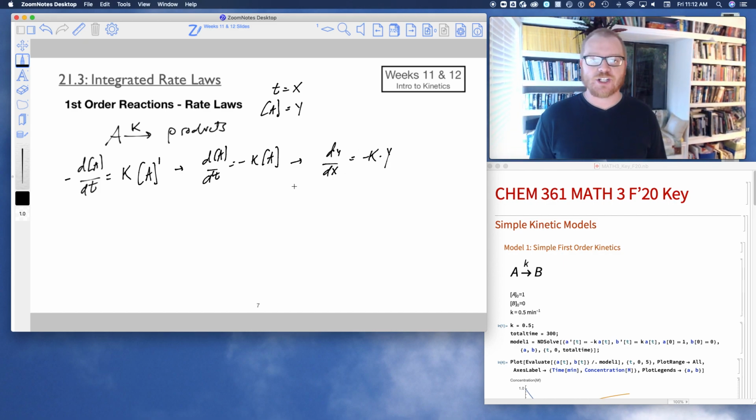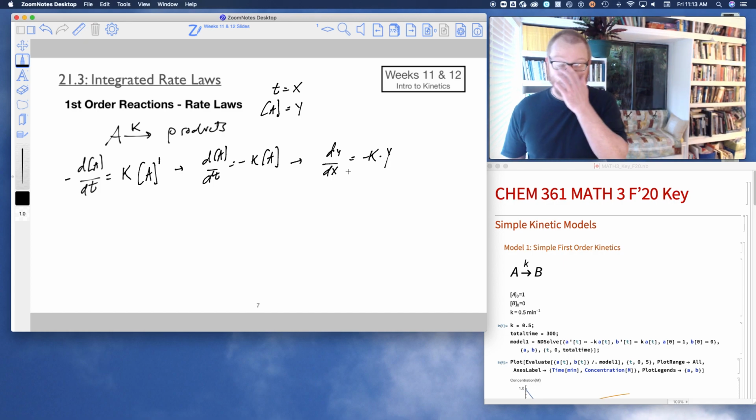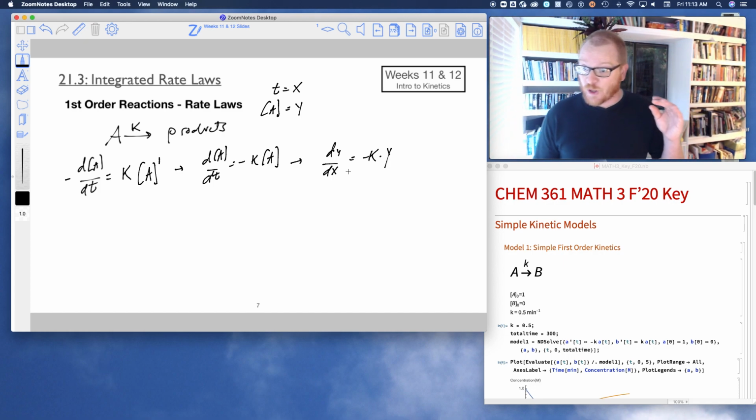I'm going to solve this equation next, okay? But as this becomes more complicated, as we build in more complicated reactions, we can't solve these types of differential equations with an analytical equation. We have to do a numerical solution. And I'll explain that in the Mathematica file soon here.